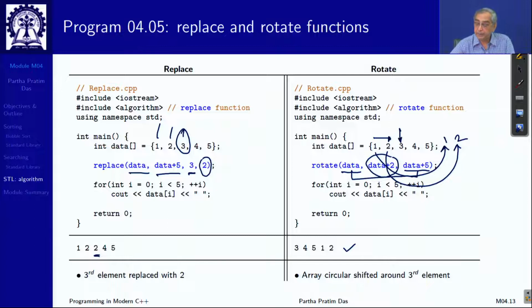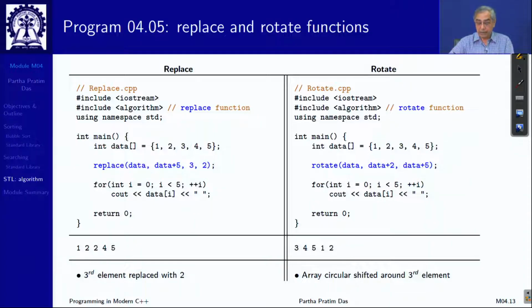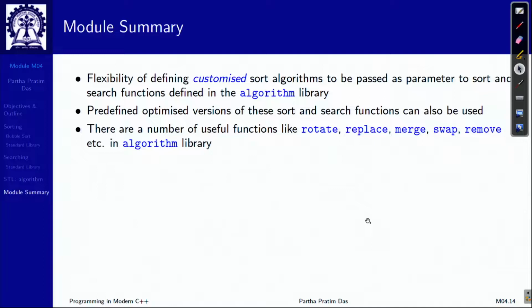Okay. So, these are some of the very common algorithms which are all available. You just need to include the algorithm component and keep using it. So, besides rotate and replace, you also have merge, you have swap already given, you have remove an element and so on and so forth. So, it has a lot of good value.